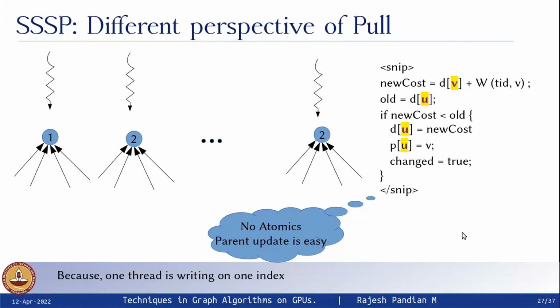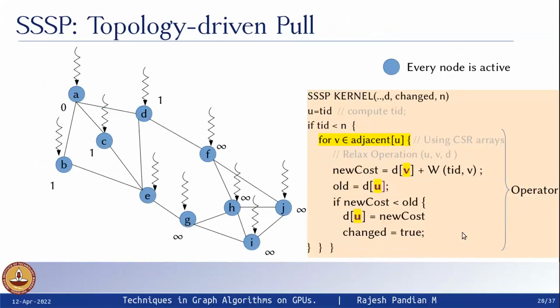These are the changes needed to make a push approach into a pull approach; I have highlighted the changes here. We run over the adjacency list, or the neighbor vertices, and that remains the same. Previously it was d of u, and now it is d of v.